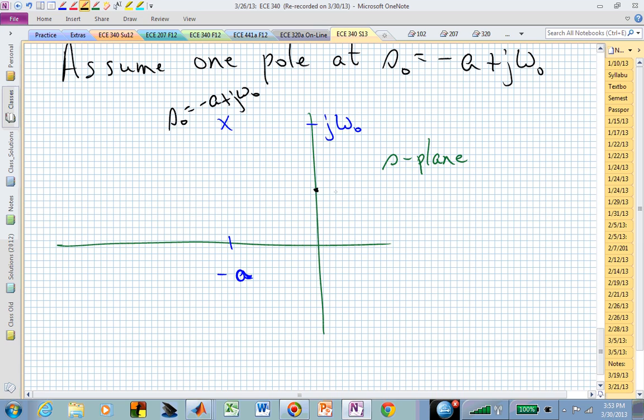Let's now look at a given frequency, omega, and move that frequency omega from DC, or the origin, all the way up to infinity. And we want to ask, how does the frequency response, the magnitude of our system, vary as we adjust omega relative to where that pole is? That pole is now at minus A plus J omega naught.